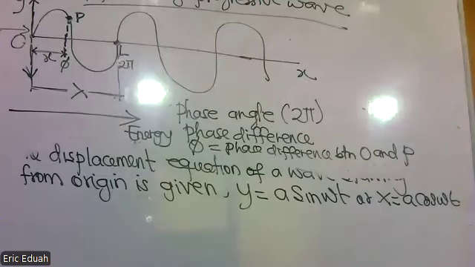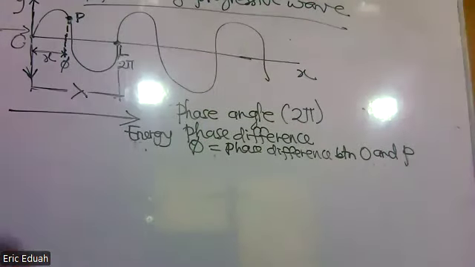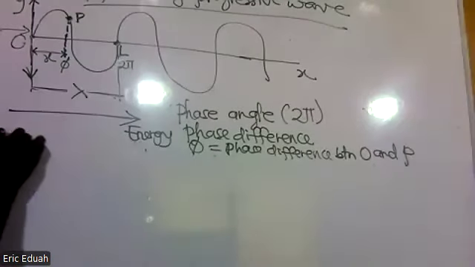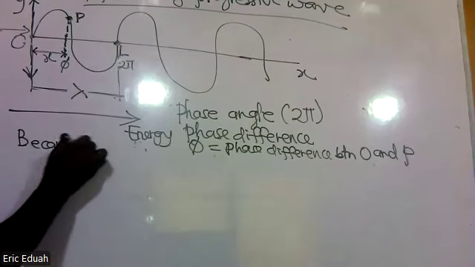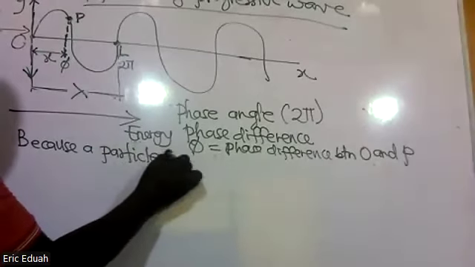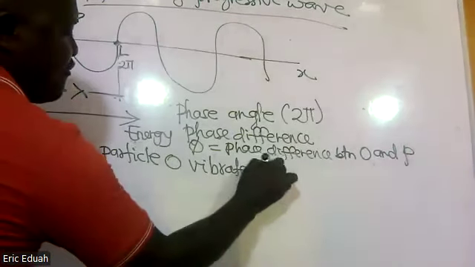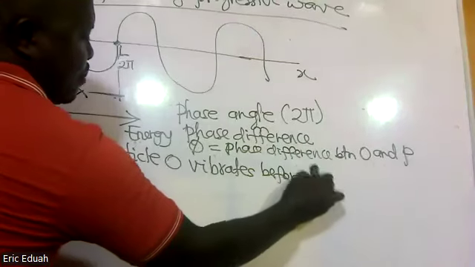So when the wave starts, a particle at point O vibrates before P. Class, are you with me? Give me feedback. Yes, please. So a particle at O vibrates before particle P.